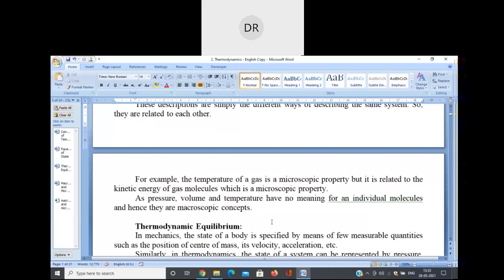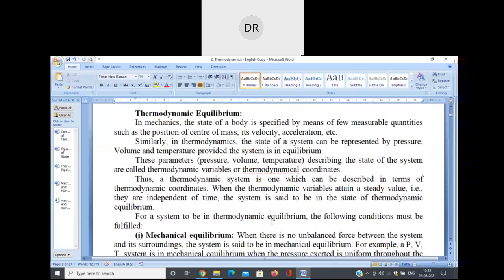The kinetic energy of the molecules of a system is a microscopic property, whereas the temperature of a system is a macroscopic property. That is the relation between microscopic and macroscopic properties. So up to this, we have discussed thermodynamics, system and surroundings, macroscopic and microscopic properties.